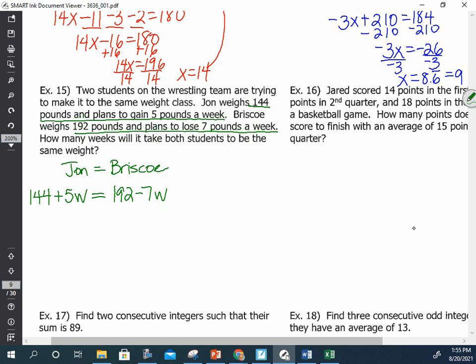So we've got variables on both sides. The smaller variable is negative 7, so we're going to add 7w to both sides. 144 plus 12w equals 192. Now we subtract 144 on both sides.